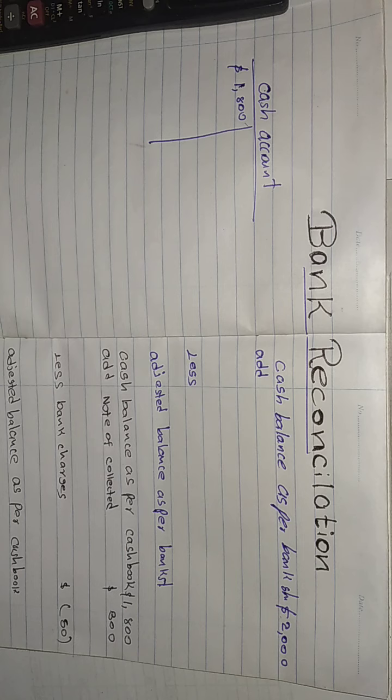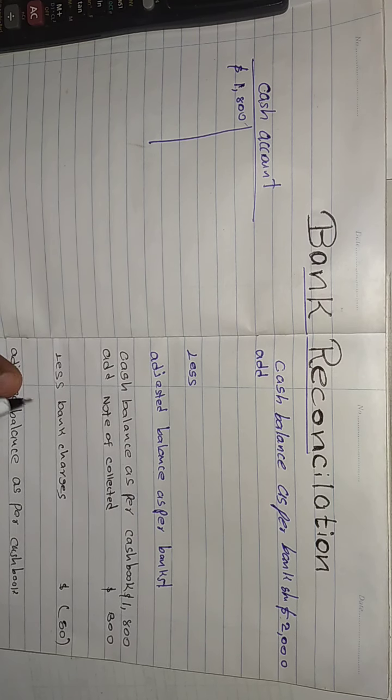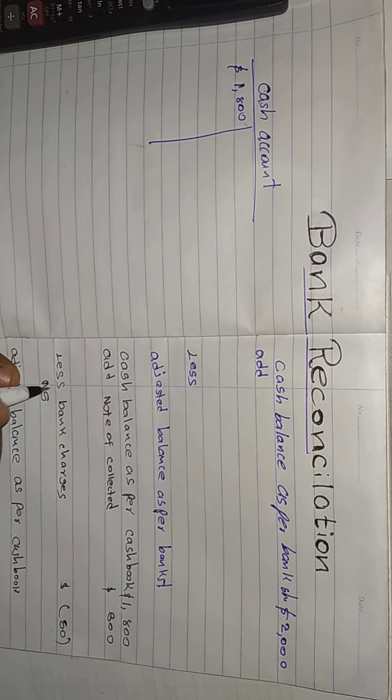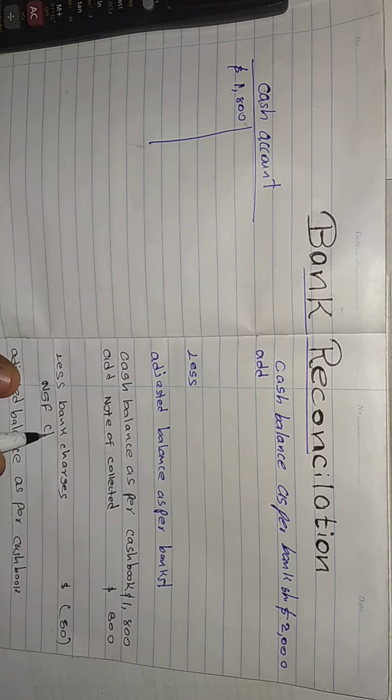The other thing that was on the bank statement that we looked at was a check one of our customers wrote us that bounced. The bank reduced our account for that bounced check. This is called an NSF check.